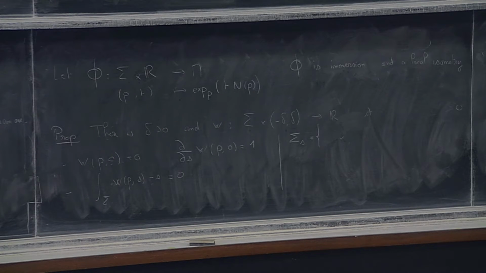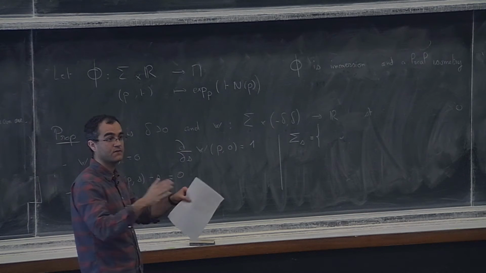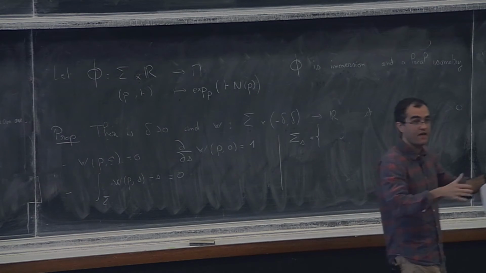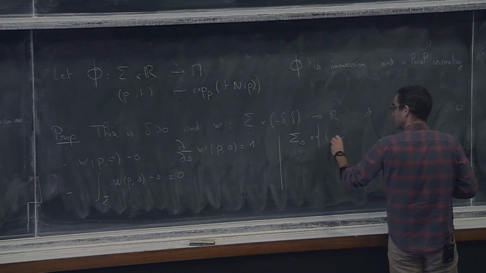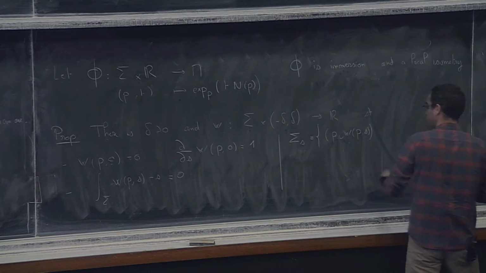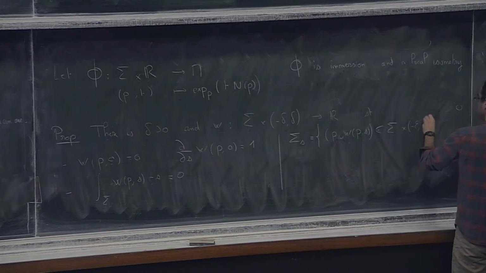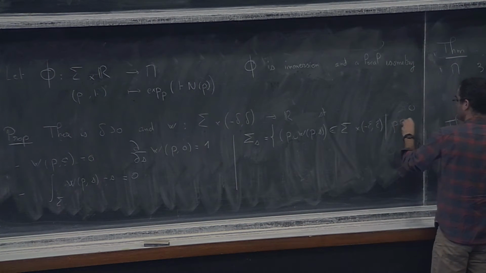And you lift the metric on M to sigma times (minus epsilon, epsilon), and you work only there. It's in some sense a copy of a piece of M. So you look at the set of points (P, W(P,s)) in sigma times (minus epsilon, epsilon), P on sigma.